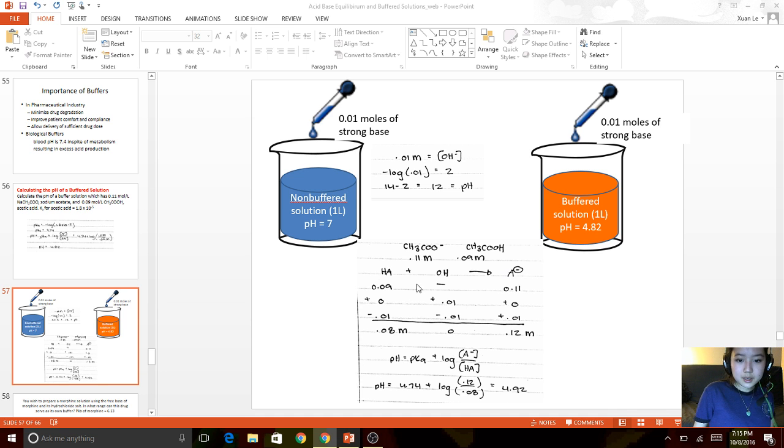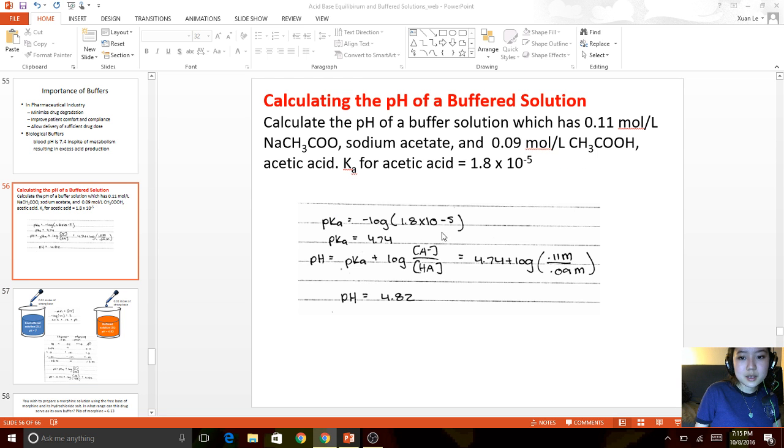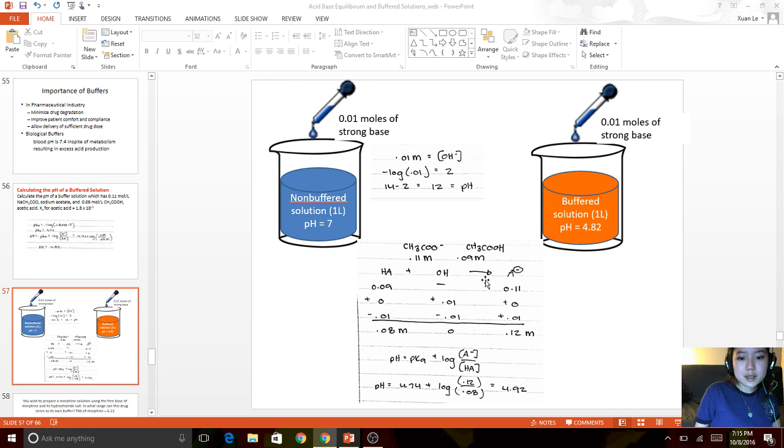So if we do this little chart here, originally we started off with 0.09, and that's just from this equation right here. We're going to start off with 0.09 of the unionized, and then we have 0.11 of the ionized form of that acid.